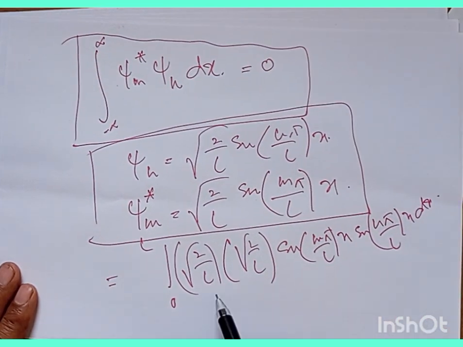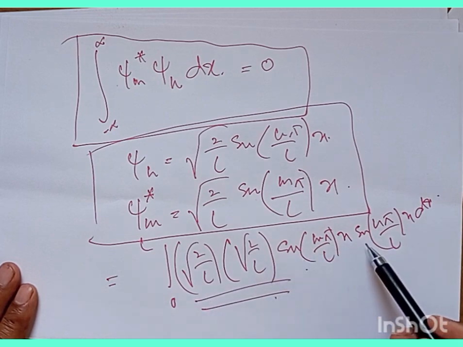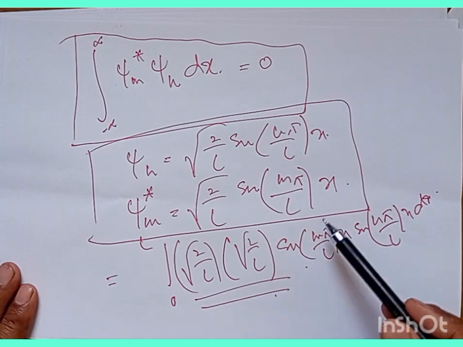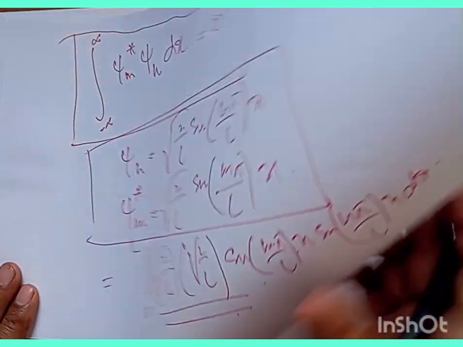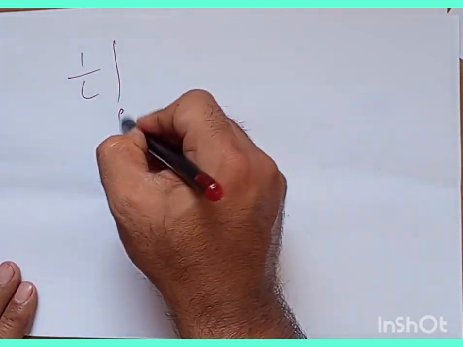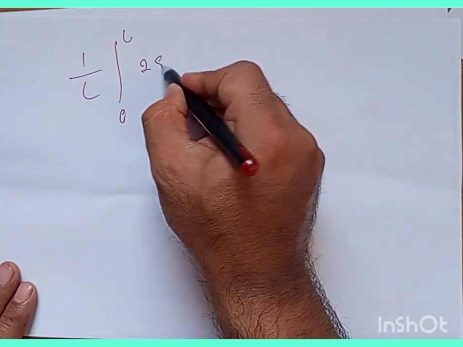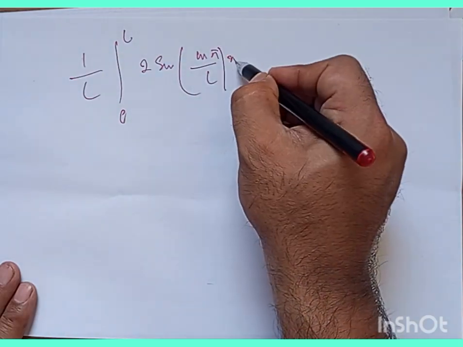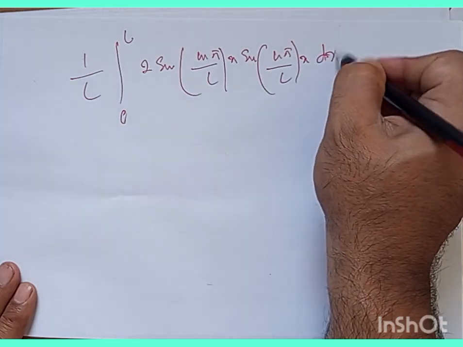All right, and here we can use twice sine theta 1 and sine theta 2. So we can use that formula over here, and what we will obtain is 1 by L integral 0 to L, twice sine of m pi by L x and sine of n pi by L of x dx.